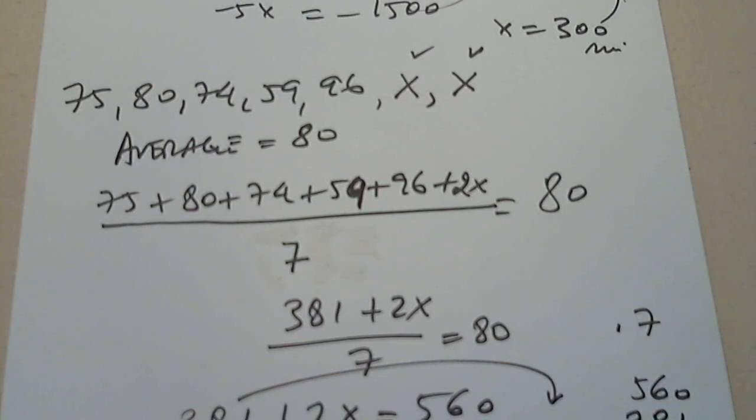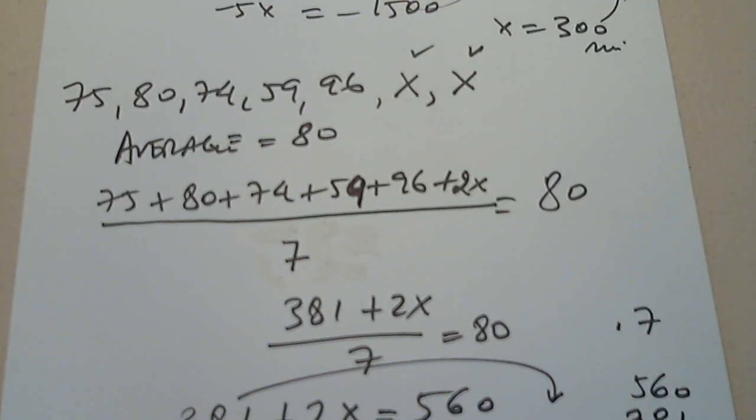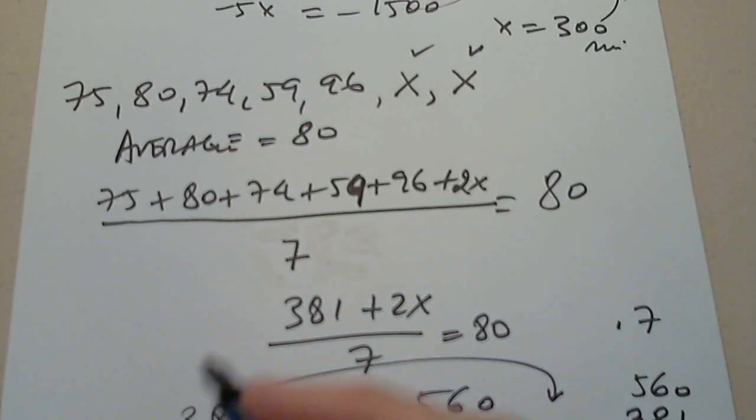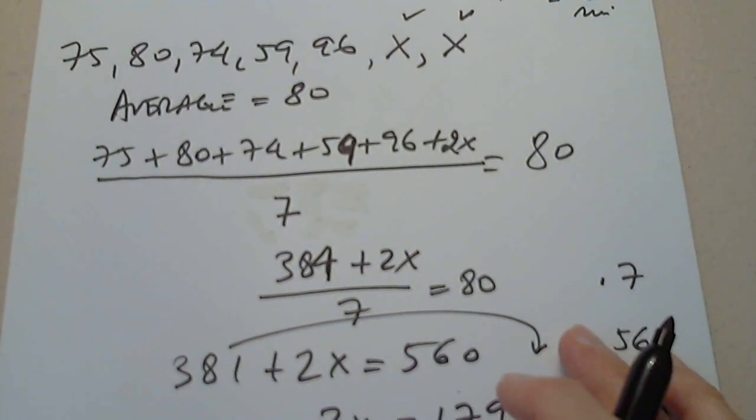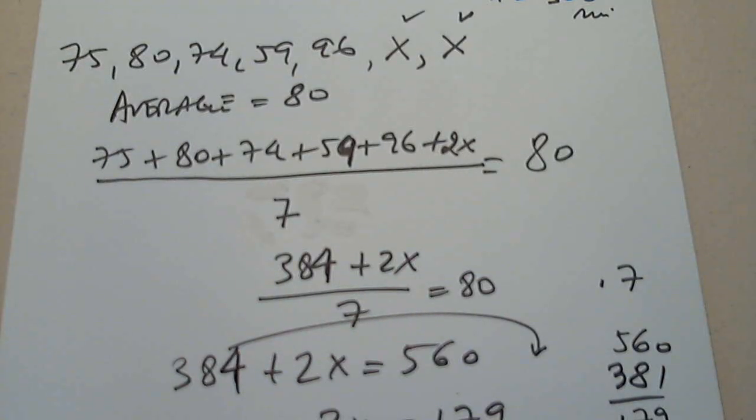Good. So now let's check from the beginning. That's okay. So, 74 plus 59 and plus 96. Yes. So that's where we have to correct. Very good. No worries. So 384. So this is 384.